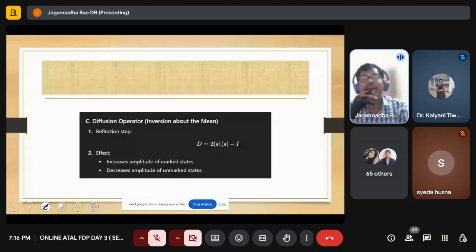Once you use it, it increases the amplitude of the marked states and decreases the amplitude of the unmarked states. So in an unsorted library with 10 lakh books, whenever you want to search, already I told you root n. How did you get the root n? You just increase the amplitude of marked states and decrease the amplitude of unmarked states.